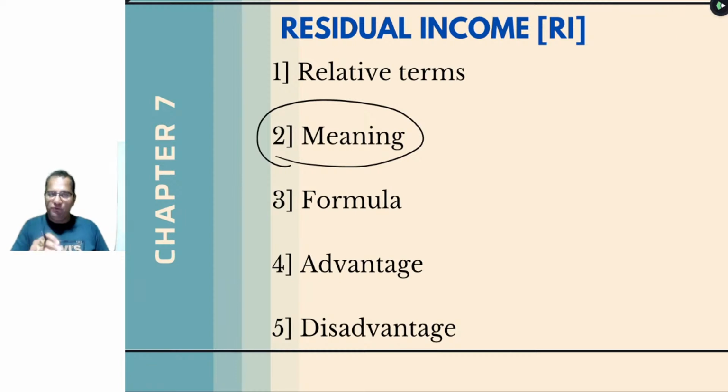RI: whatever contribution is being earned by that particular department, we will deduct from that contribution a notional charge on investment multiplied by cost of capital. That will cover the notional cost of capital.